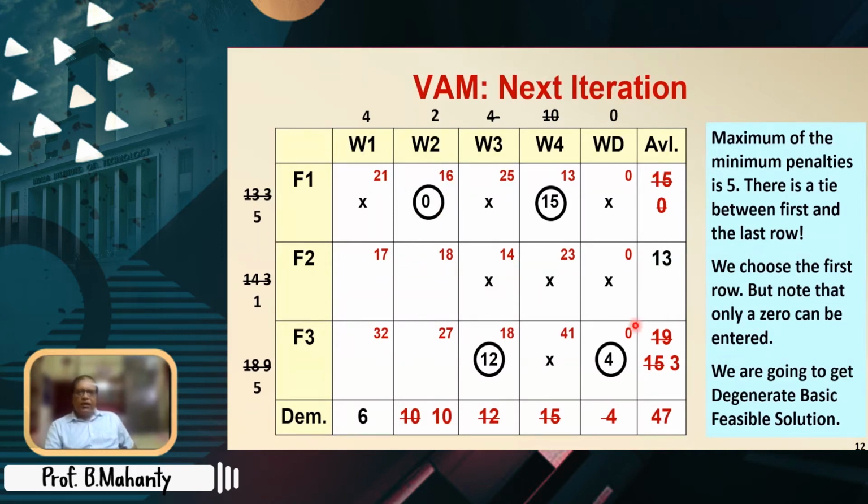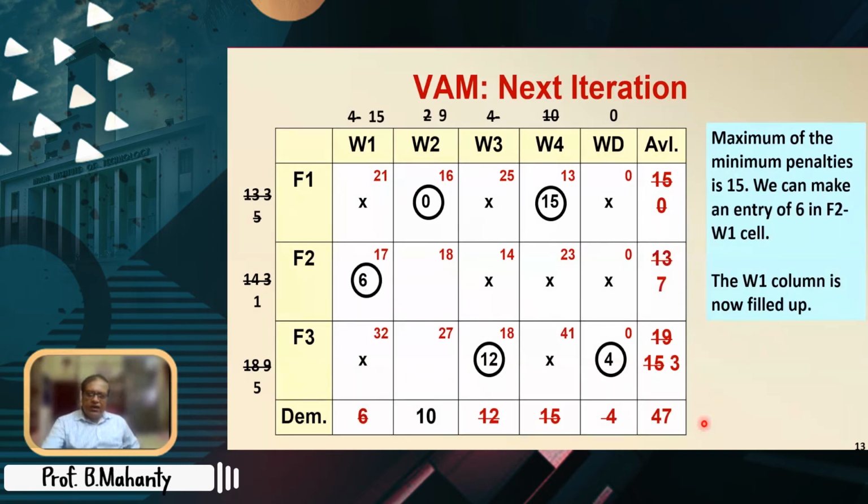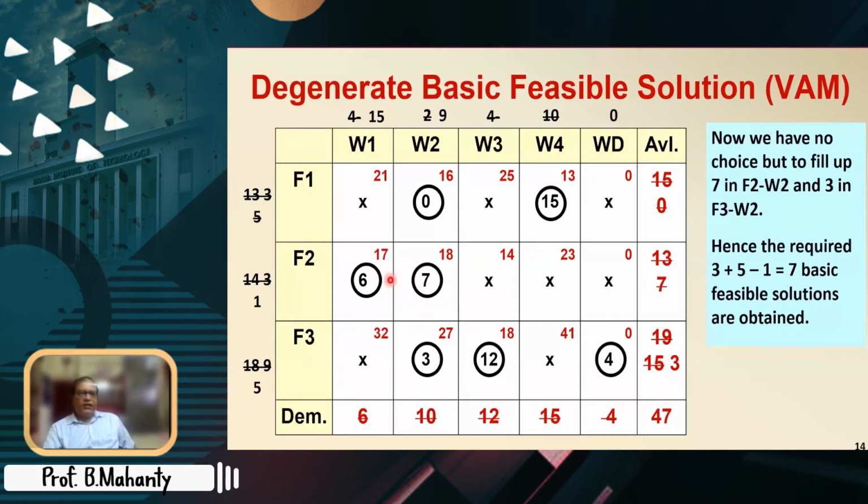Then we continue further, and this time an entry of 6 comes here, and the moment this 6 comes, the rest become trivial, and we simply fill up the remaining quantities, that's 7 and 3. So this is how the basic feasible solution is obtained, and all the required 7 basic feasible entries are obtained, and we have the degenerate basic feasible solution with VAM.